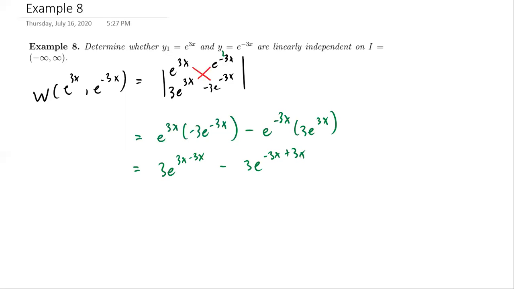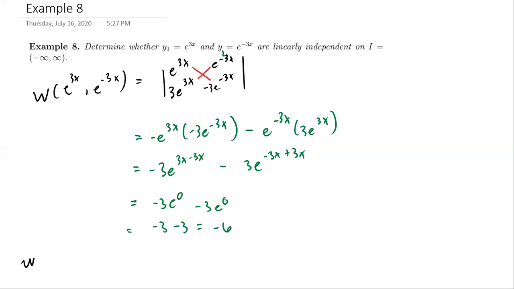Oh, sorry, I forgot a minus in front of this one. I put it here on the first one, but I didn't write it before. So we have negative 3 e to the 3x minus 3x minus 3 e to the negative 3x plus 3x. Okay, so I did that right. So what do we get? E to the 0 minus 3 times e to the 0. Any number to 0 other than 0 itself is 1. Negative 3 minus 3, which equals negative 6.